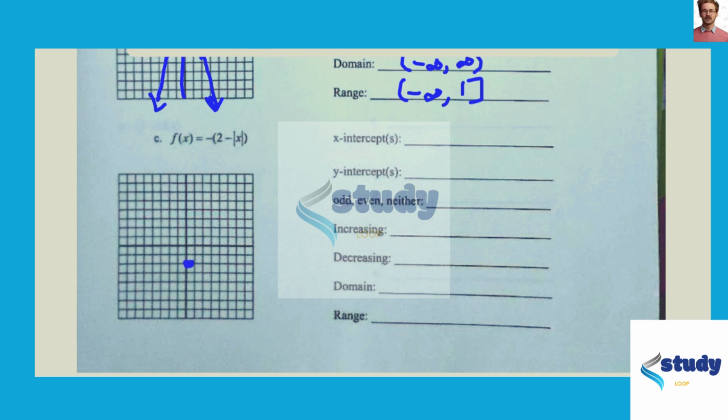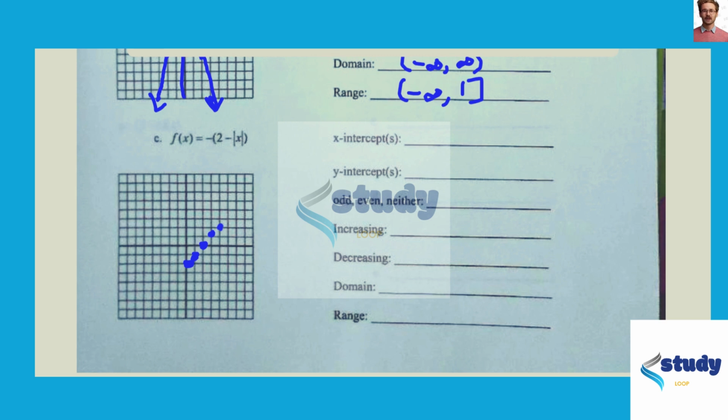We'll go to 1, it would be 2 minus 1, which is 1, -1. When x is 2, it would be 2 minus 2, or 0. When x is 3, it would be 2 minus 3, which is -1, and negative of that is +1. And then 4 would be 2 minus 4 is -2, and the negative of that would be +2.